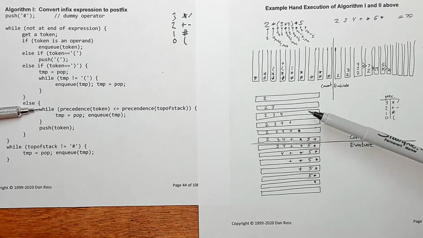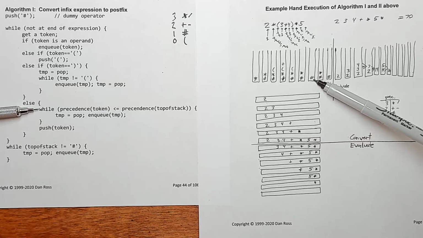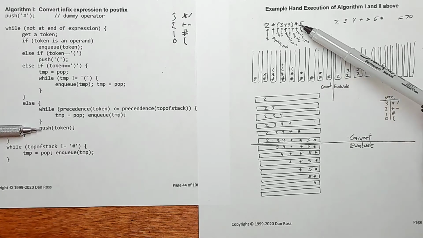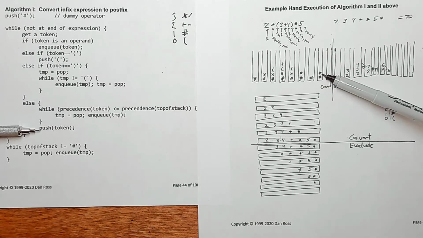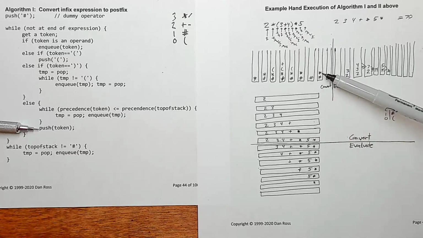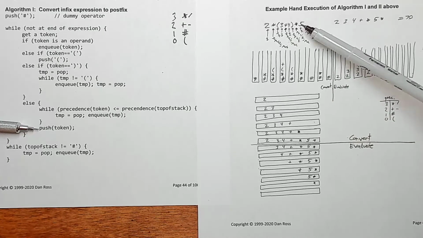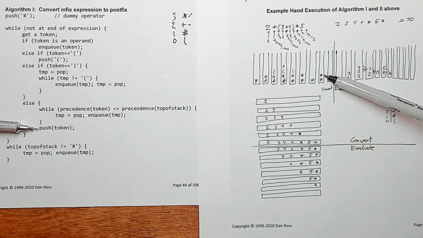And you're going to go back around and check the precedence of this, which is going to be false in here, so the loop will stop. And then before you leave, you'll push the multiply, sorry, misspoke. You'll push. So we popped off the times that's associated with this operation and queued him, and then we pushed the times that's associated with this last operation, and he's on the stack.